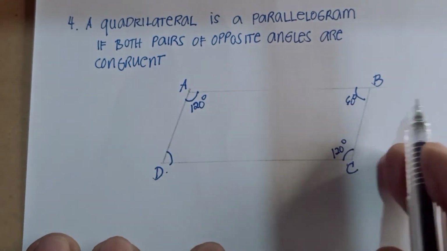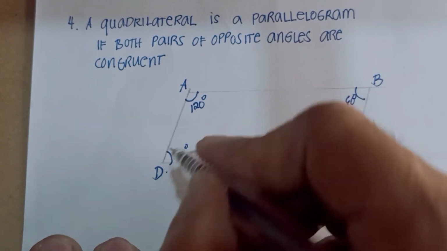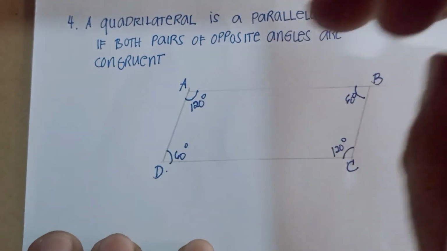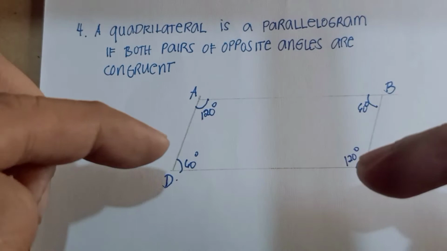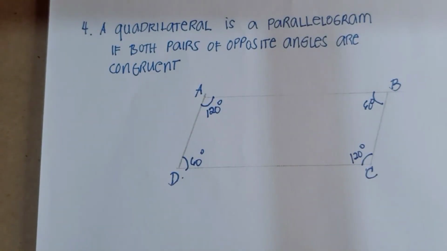Okay, para masabi yung parallelogram yan, yung opposite angles niya ay 60 degrees din. Yung opposite angles are congruent, while consecutive angles are supplementary. That is the theorem number 4 of parallelogram. Okay, so sana may natutunan na kayo.